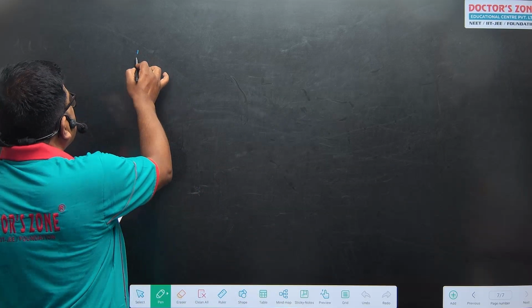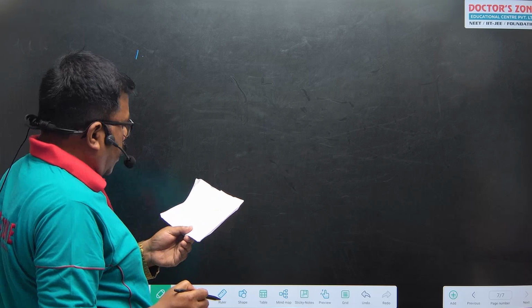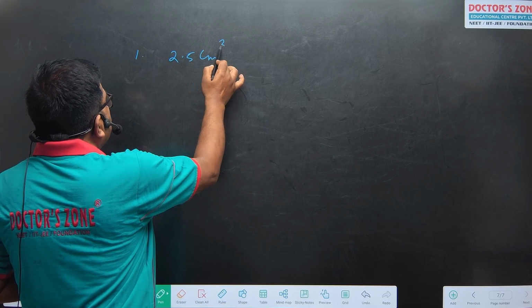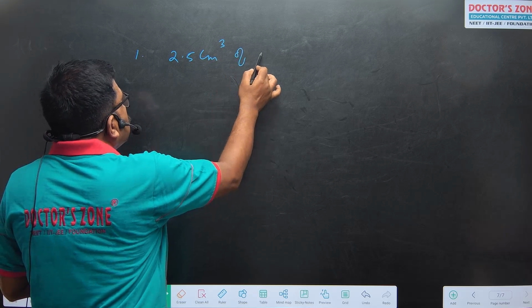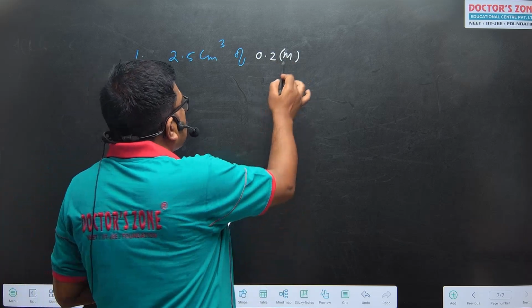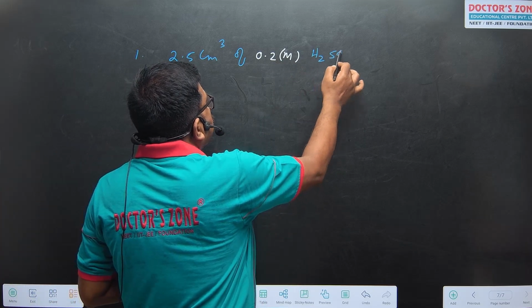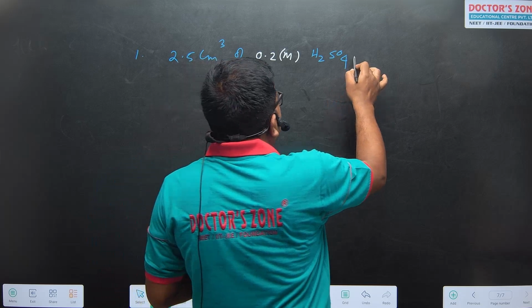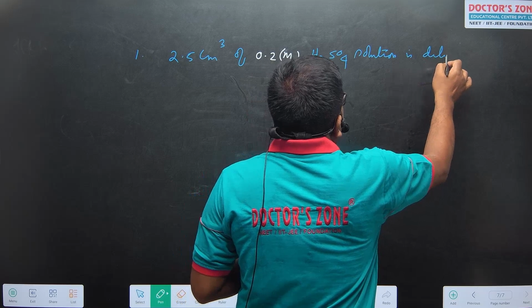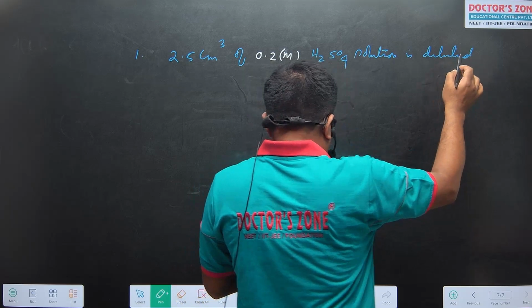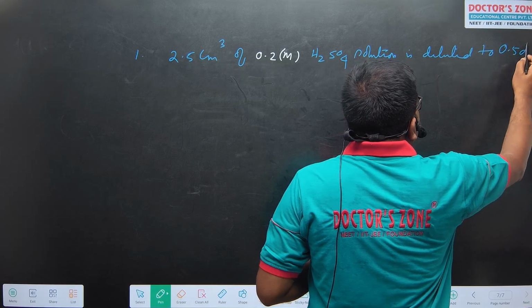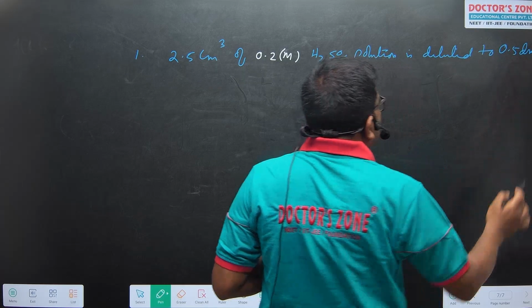Suppose question number 1. Suppose 2.5 centimeter cube of 0.2 molar H2SO4 solution is diluted to 0.5 decimeter cube.